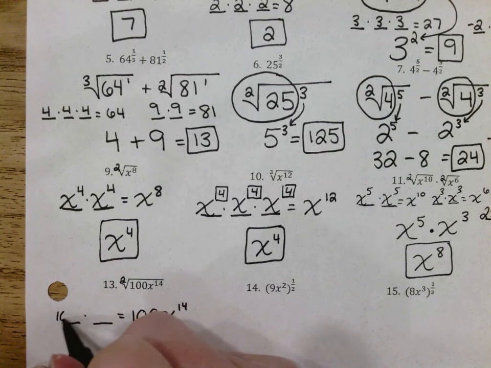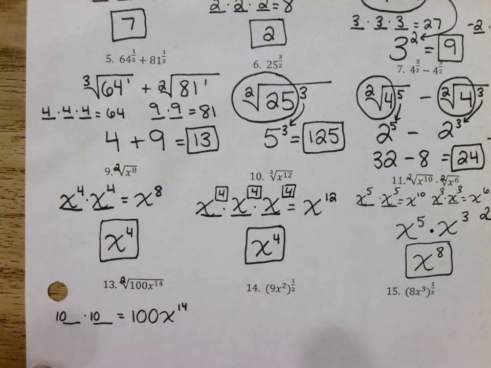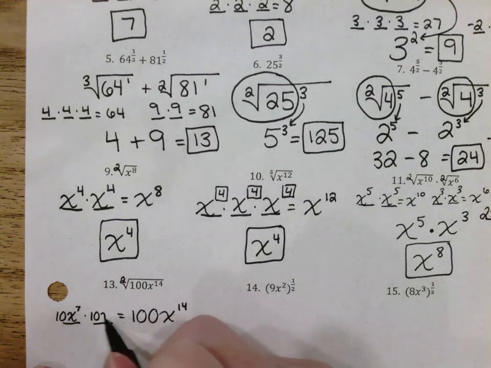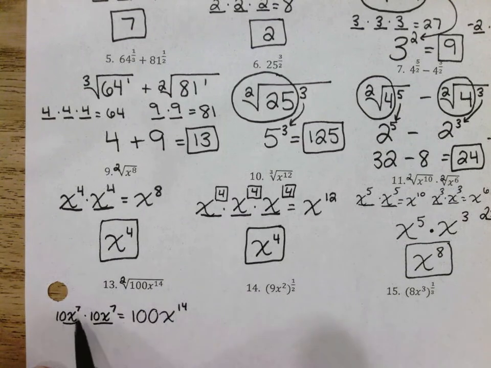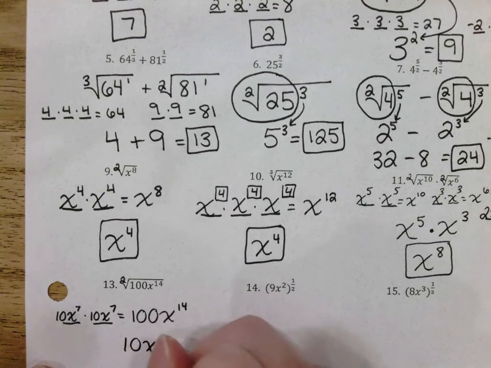Hopefully you know that's 10 times 10. And then we have to think what two things will multiply to get us x to the 14th. So it's x to the 7th times x to the 7th, because 7 plus 7 gets us that 14. So our final answer is 10x to the 7th.